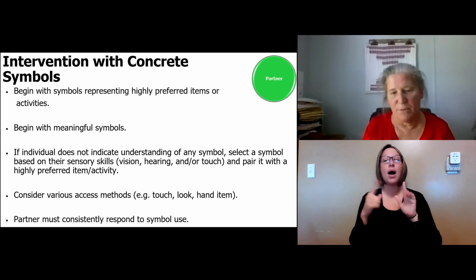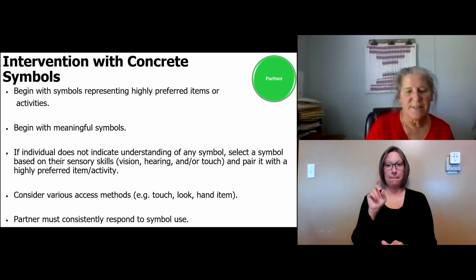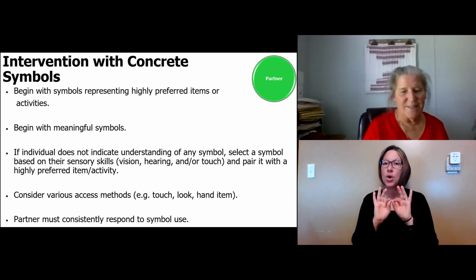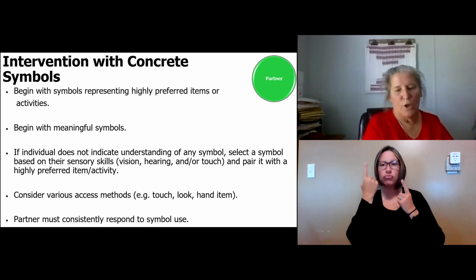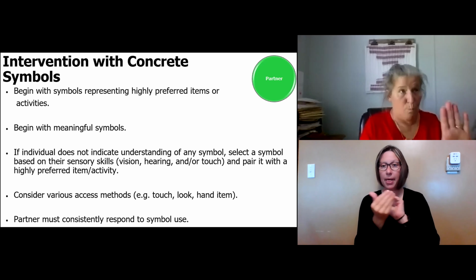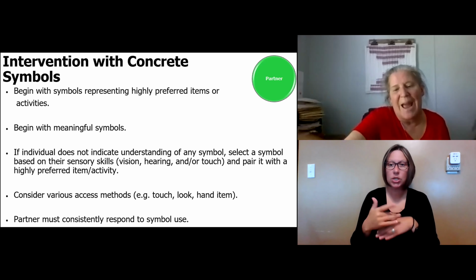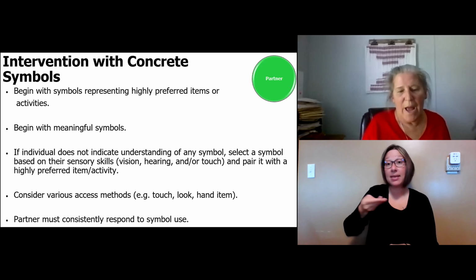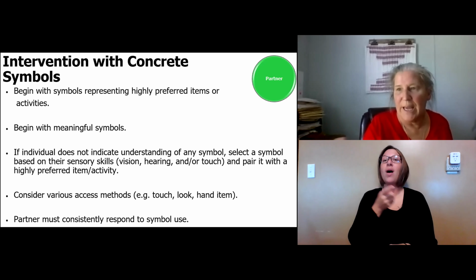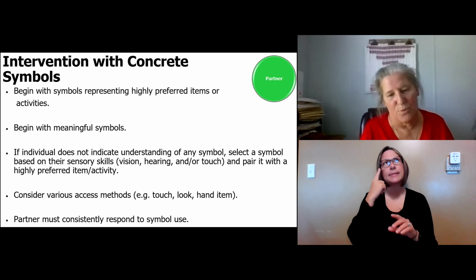But I'm modeling it. Once again, I'm doing that modeling, and I'm considering various access methods. So I may touch them. I may want them to touch it. I may want them to look at it. I may want them to hand me the item. So I want them to be looking at different ways that they can do that.